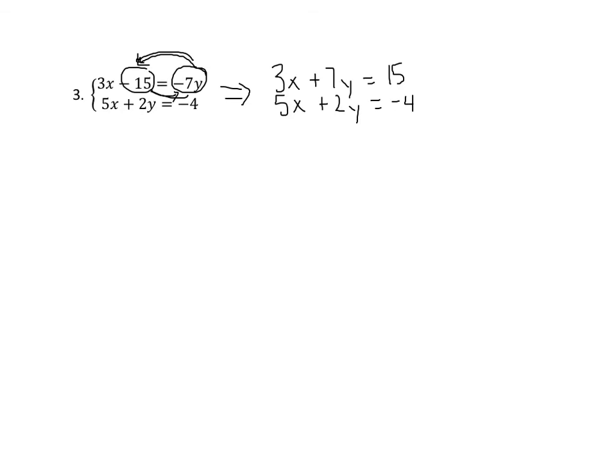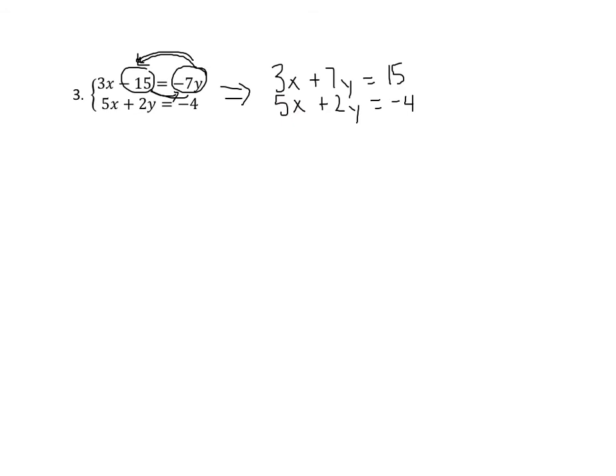Now in this case, it looks like we're going to have to multiply the top and the bottom by some number because there's no way I can get 3 to be a 5 right here, and there's no way that I can get a 2 to be a 7. So it depends, whichever one you want to get to cancel, whichever one you think would be the easiest, you're going to have to multiply both equations by some number, and that number does not have to be the same.